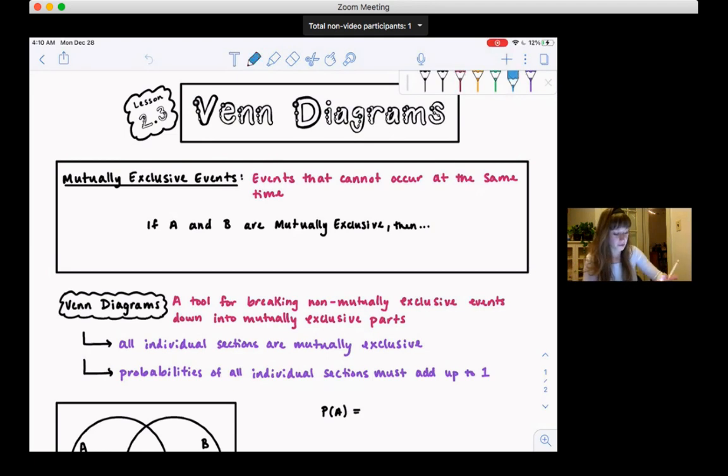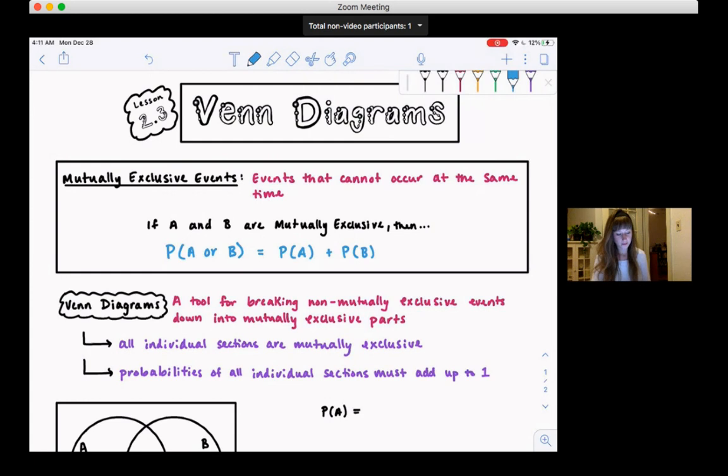If A and B are mutually exclusive, then the probability of A or B is equal to the probability of A plus the probability of B. That's really handy. If we know that the events are mutually exclusive, then we can just add up their probabilities, essentially.